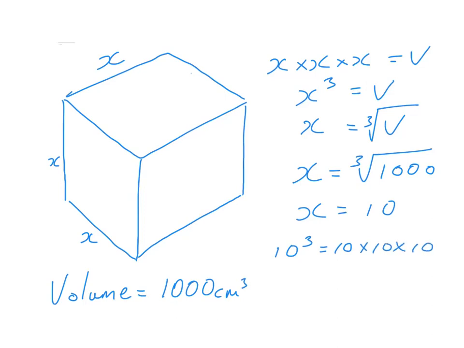Well, 10 times 10 is 100, and times a further 10 is 1,000 centimetres cubed. So the dimensions of our cube are x equals 10 centimetres. And we can try one final example now.